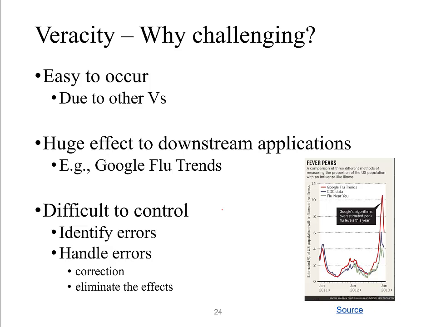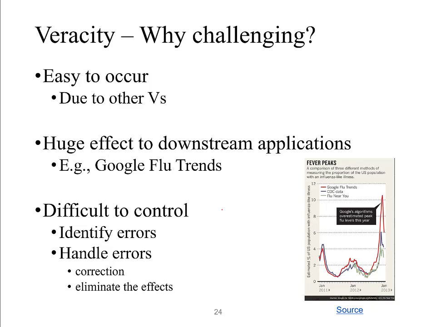And in order to handle the errors, there are at least two ways to do it. Either you correct the data, or you try to eliminate the effects brought by the veracity of data. If you choose to do the correction, there's no guarantee that you can correct all the errors.